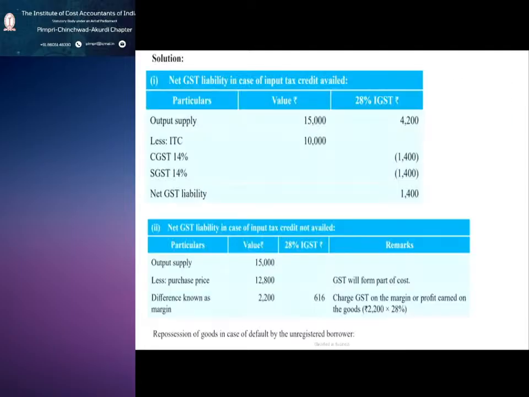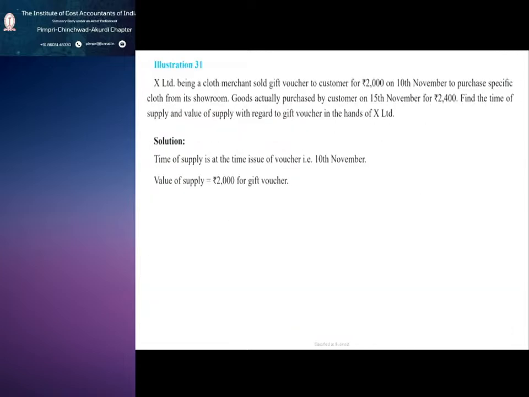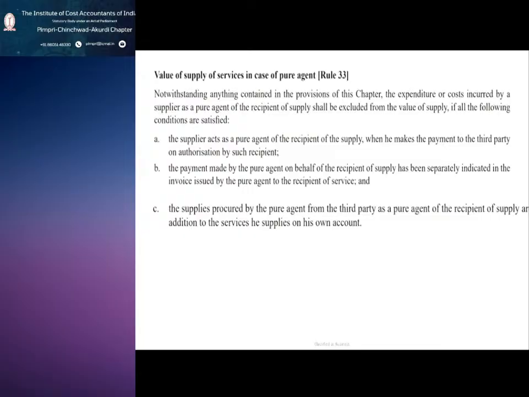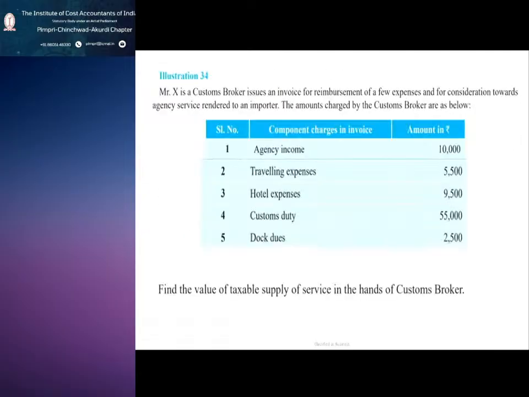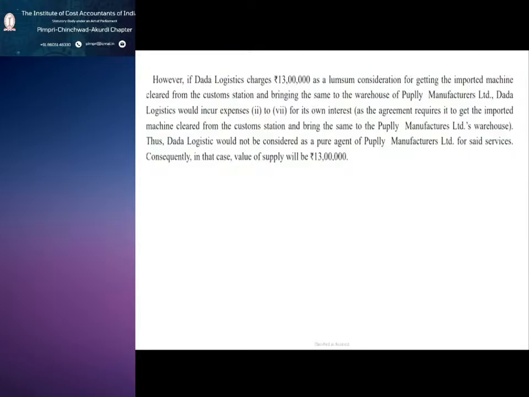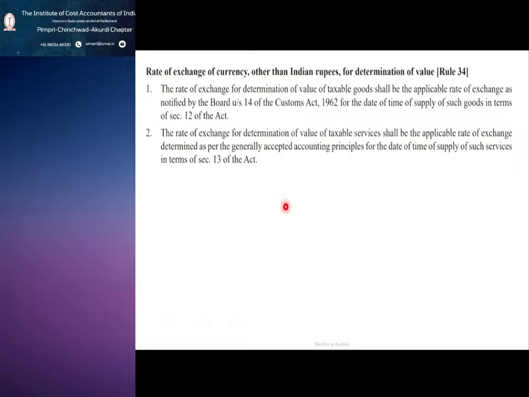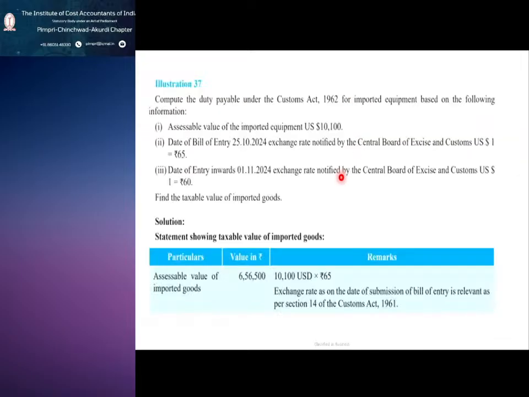Okay, so this is the last one, rule 34. But it is very simple, what we have seen in the customs valuation. It is related to the same only. You can see rule 34 here. Rule 34 says the rate of exchange. So which rate will we be considering?